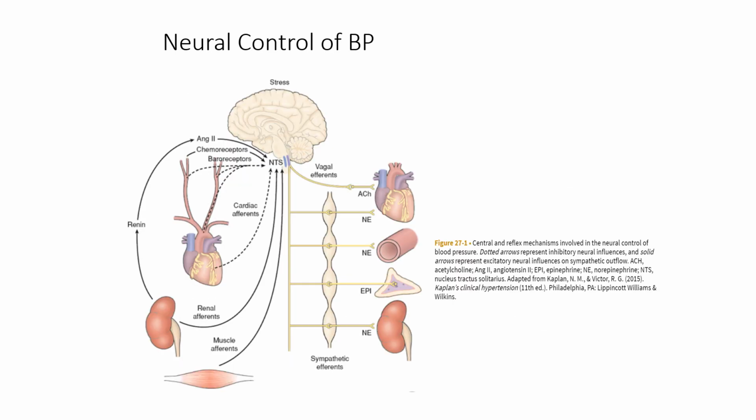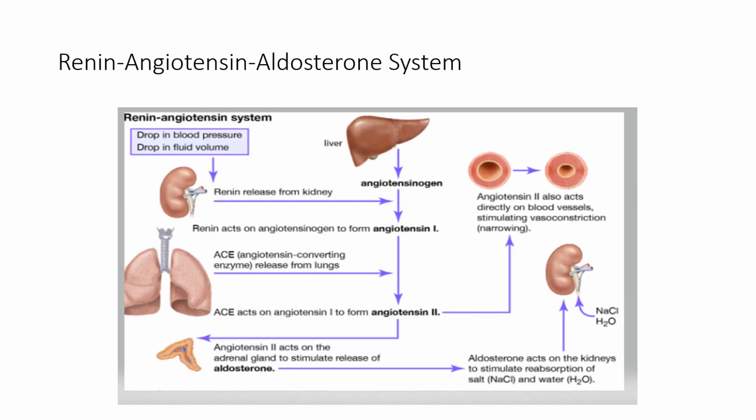This is just a picture of the neural control of blood pressure. So essentially it's breaking down in picture form the last slides that we just talked about. Again, this is our renin-angiotensin-aldosterone system, going through the steps of how our kidneys and our body will sense a drop in blood pressure, and it will release angiotensinogen to be converted to angiotensin 1 to angiotensin 2, and then cause us to have a vasoconstriction in our vessels and to retain sodium and water.